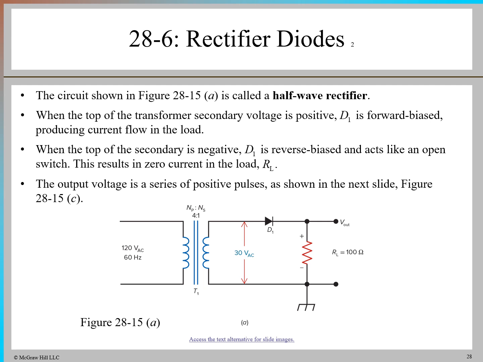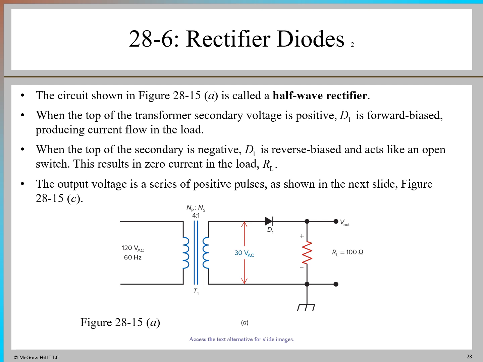The circuit shown here is a half-wave rectifier, which converts an AC signal into a pulsed DC signal. The transformer T1 steps down the AC voltage and provides the secondary voltage V sub S. When the top of the transformer secondary voltage is positive, the diode D1 is forward biased, allowing current to flow through the load resistor R sub L. When the secondary voltage becomes negative, the diode D1 becomes reverse biased, acting like an open switch, and no current flows through the load resistor.